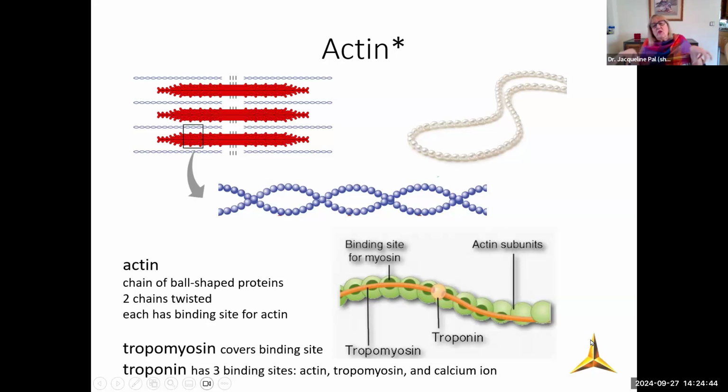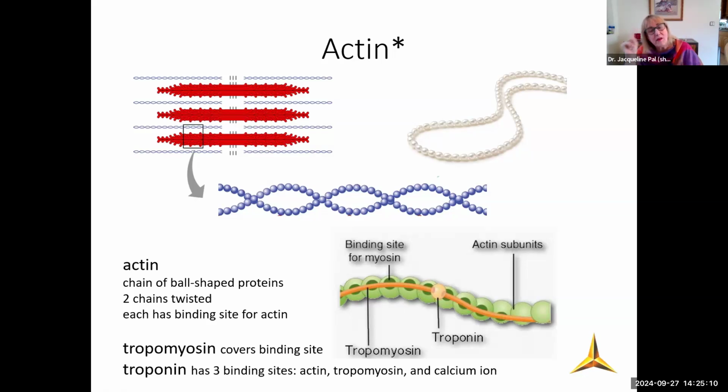It's got three little prongs. One prong holds on to actin. The second prong holds the chastity belt tropomyosin onto actin to cover that binding site. And the third prong sticks up into the air, and what can bind to it is calcium.